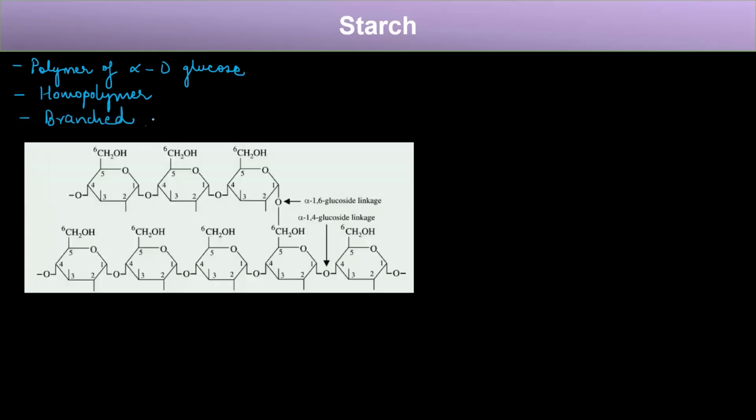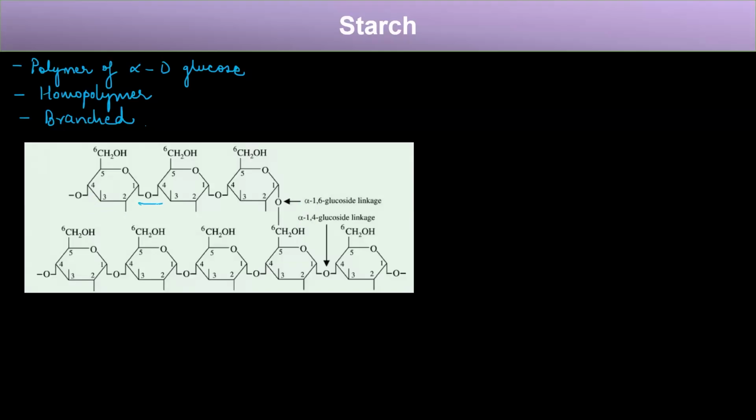Now, how does the starch look? Starch looks something like this. This is just two chains, but it has multiple chains and multiple branches. What we are seeing in this structure is that it has two types of glycosidic linkage. The main or majorly present one is alpha 1 4.